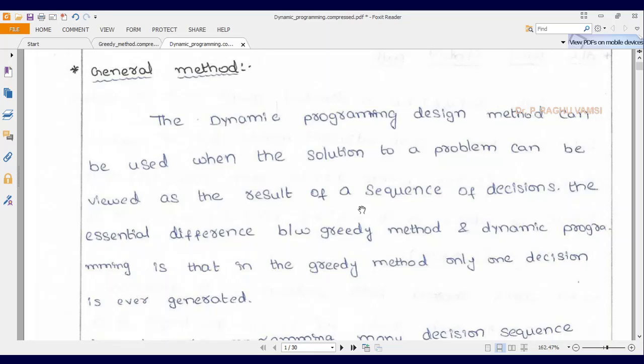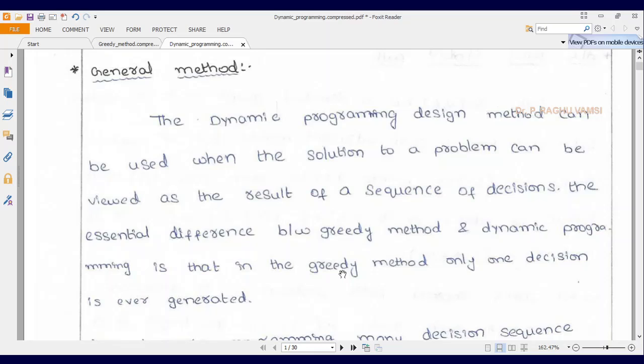The dynamic programming design method can be used when a solution to a problem can be viewed as the result of a sequence of decisions. The essential difference between the greedy method and dynamic programming is that in the greedy method only one decision is ever generated. Always you will check for the best decision for every step.